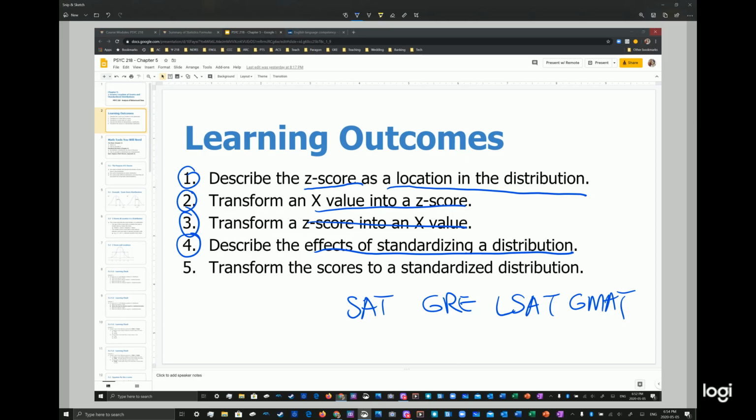How they do it is they get the scores from their tests, and then they would transform them into z-scores and then assign a value to that mean. So it's going to be something like 100, it could be 300 or something else. And so the scores are then standardized to make its own standardized distribution.